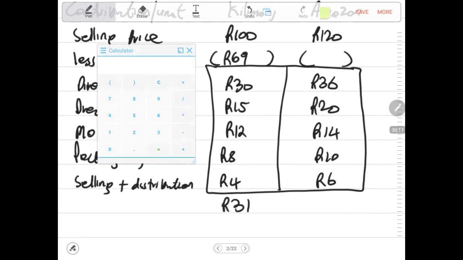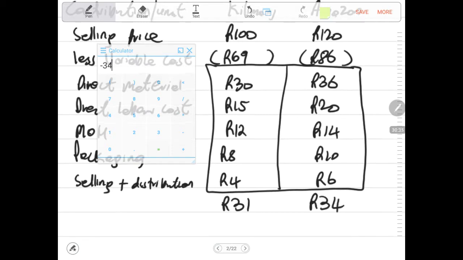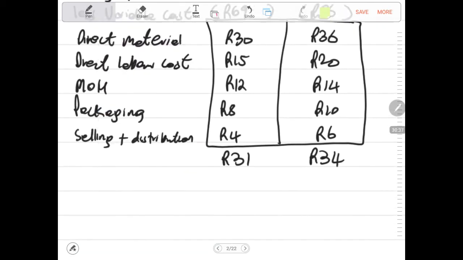Contribution is 31 rand. Then 36 plus 20 plus 14 plus 10 plus 6, we get 86, minus 120, we get 34 rand. This is our contribution per unit.